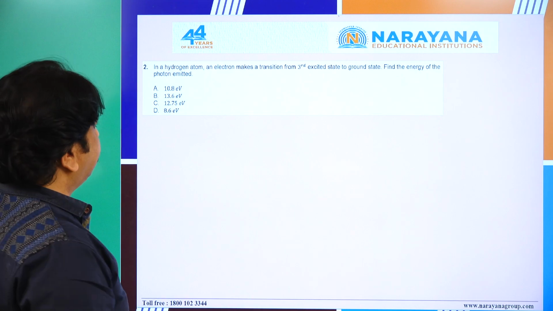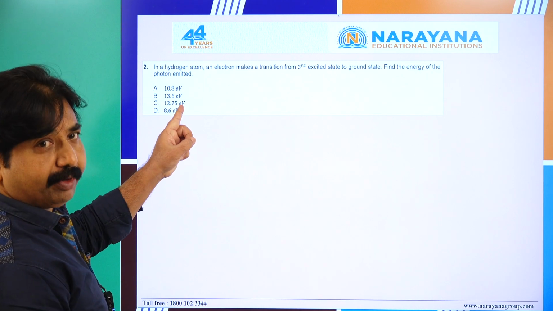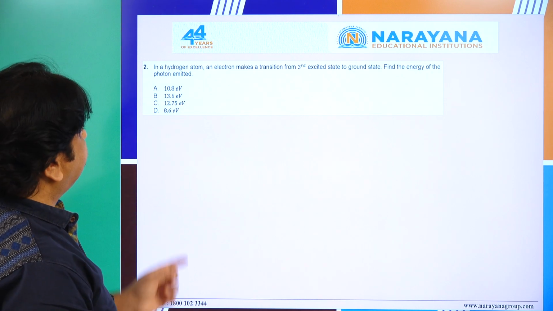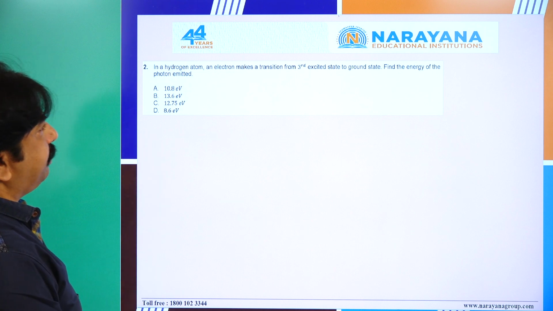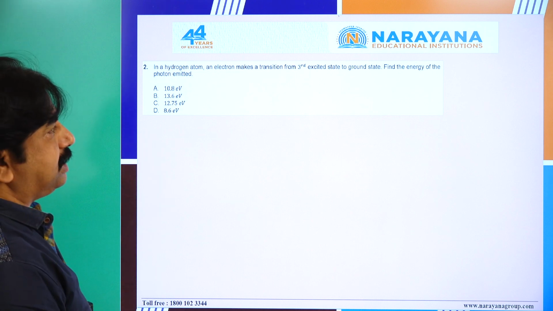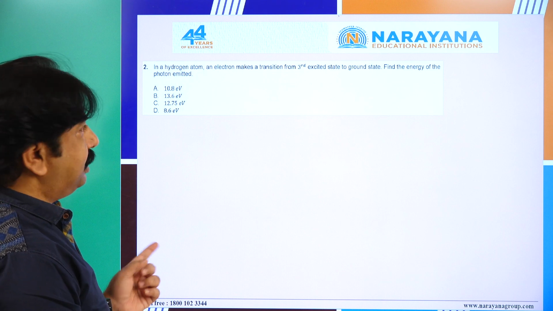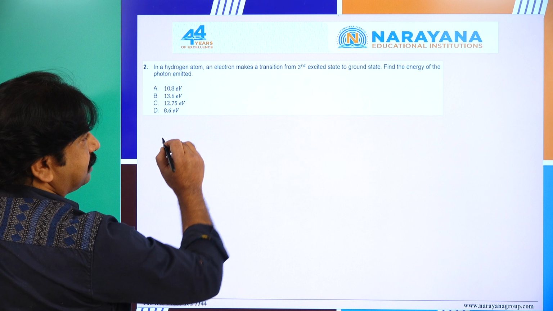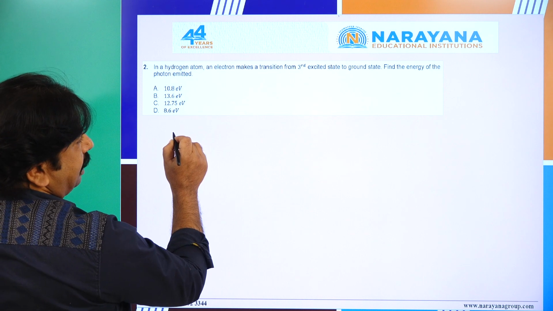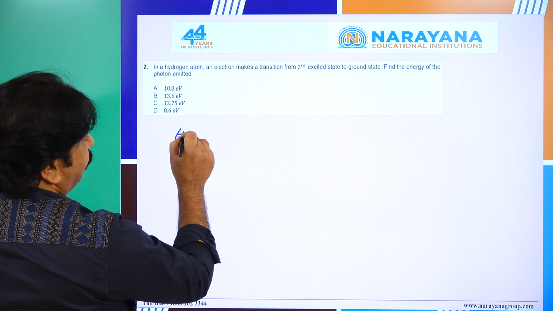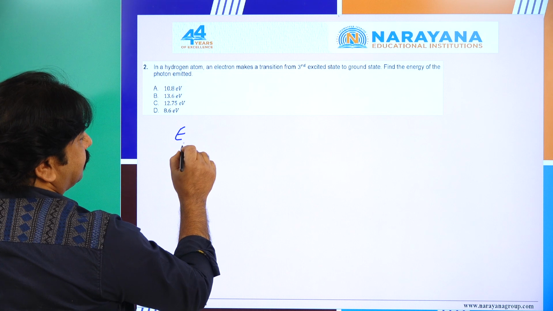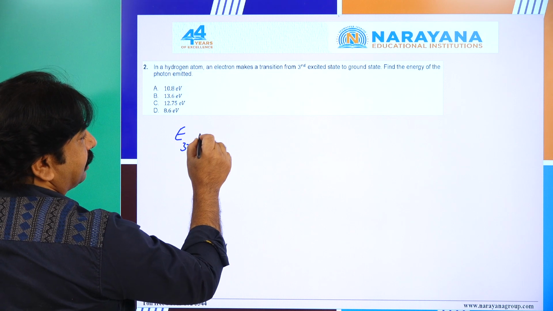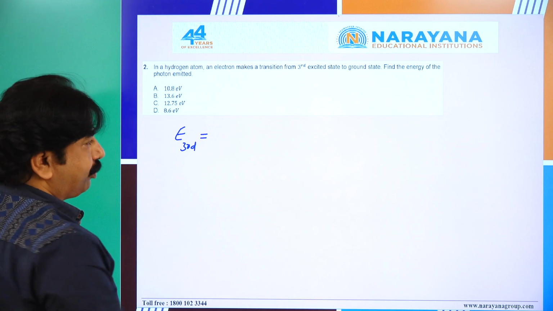So the second question is purely from atomic physics. In a hydrogen atom, an electron makes a transition from the third excited state to the ground state. Find the energy of the photon emitted. Now, the third excited state energy of the hydrogen atom, we already know, the corresponding n value is 4.